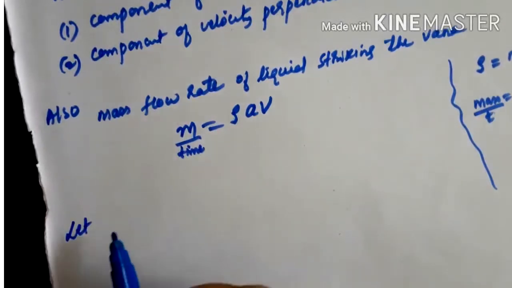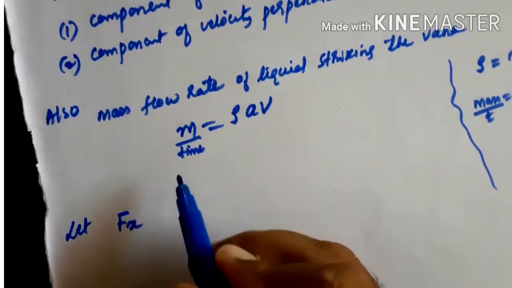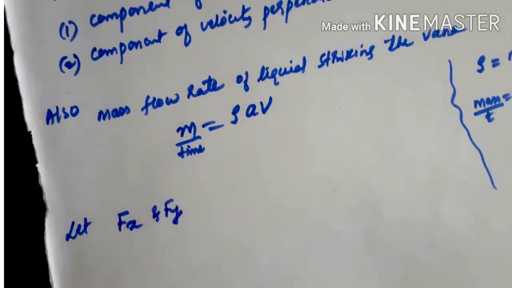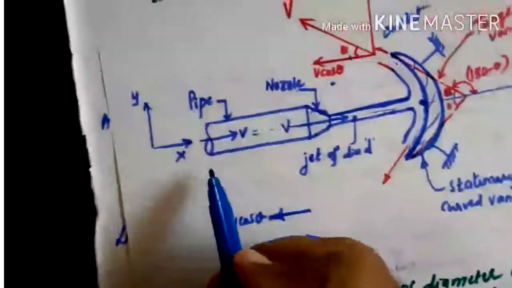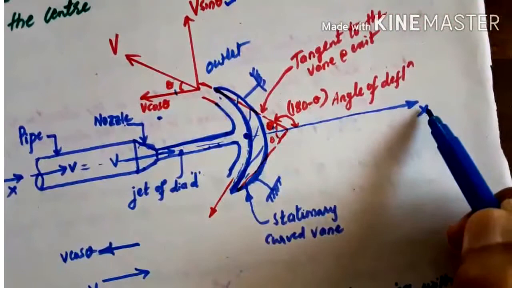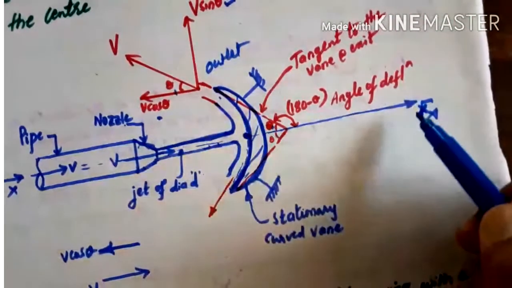Now we want the hydrodynamic force in x direction. Let Fx and Fy be the two forces, in x direction as well as in y direction. We take one as Fx in x direction, and perpendicular to that Fy.